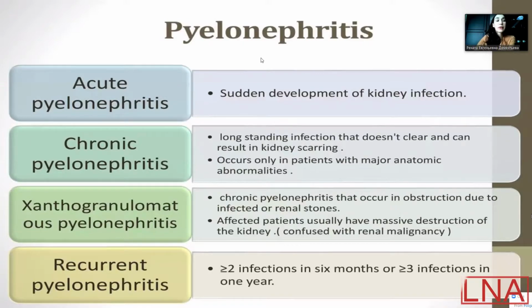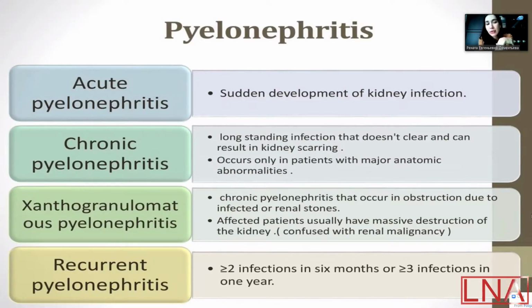So, acute pyelonephritis is a sudden development of kidney infection. Chronic pyelonephritis is a long-standing infection that does not clear and can result in kidney scarring; it occurs only in patients with major anatomic abnormalities. We need a substrate for the chronic inflammation process.